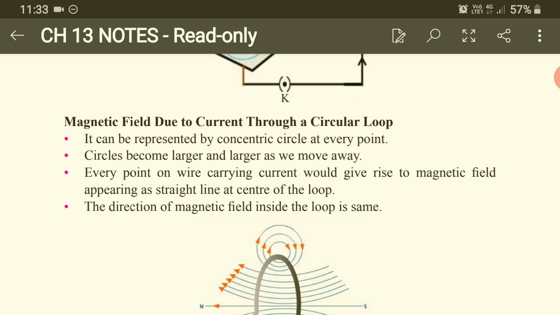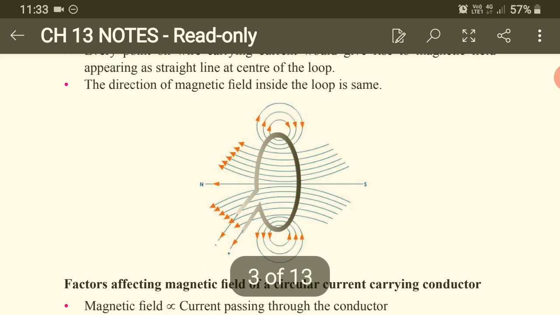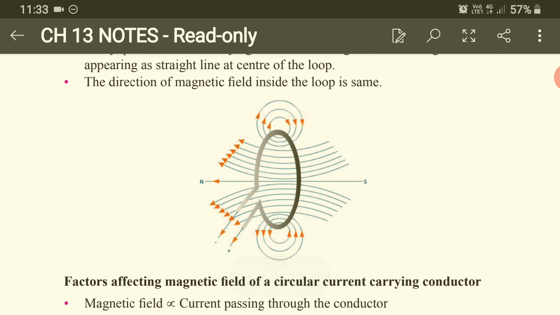Every point on the wire carrying current would give rise to a magnetic field appearing as a straight line at the center of the loop. As you can see in the diagram, the magnetic field lines are in the form of a straight line because of the interaction of two opposite fields in the two opposite arms, arm A and arm B.